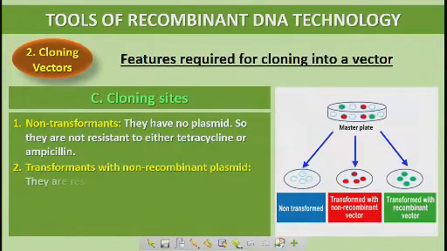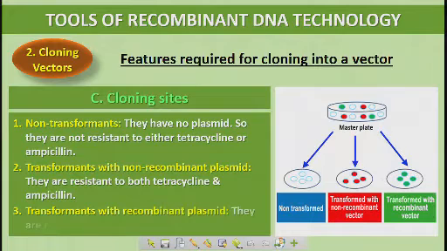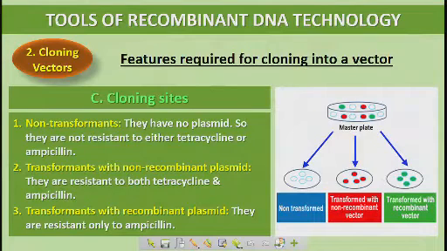Second one, the transformants with non-recombinant plasmid. They are resistant to both tetracycline and ampicillin. Transformants with recombinant plasmid. They are resistant only to the ampicillin.